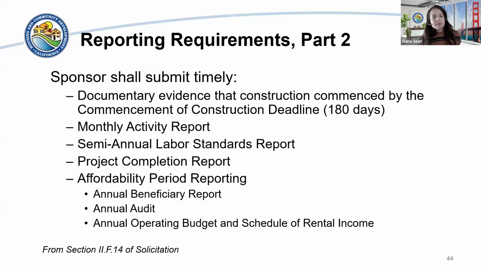Continuing with the reporting requirements, the sponsor shall submit timely documentary evidence that the construction commenced by the commencement of construction deadline, monthly activity reports, semi-annual labor standards report, project completion report, and affordability period reporting to include annual beneficiary reports, an annual audit, an annual operating budget and schedule of rental income.